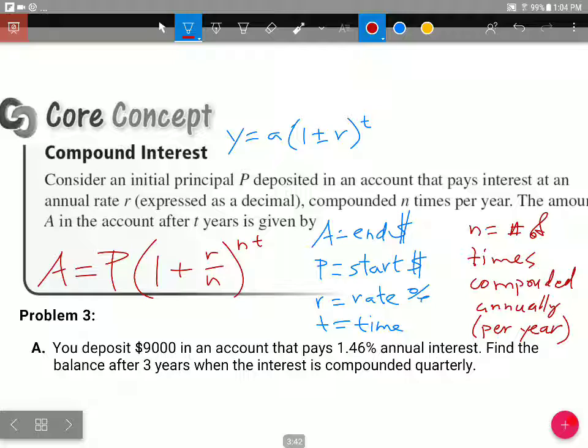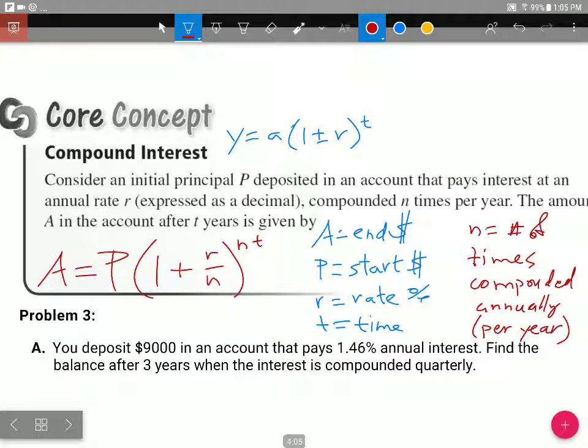If I did it quarterly, how many do you think? If you did something quarterly, every 4 months, you would do it how many times? 4. Because there's 4 quarters in a dollar. 4 quarters in a basketball game, or in a football game. Anyways, that sort of thing.